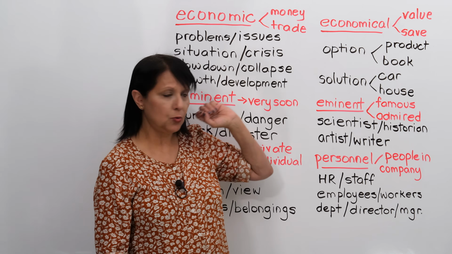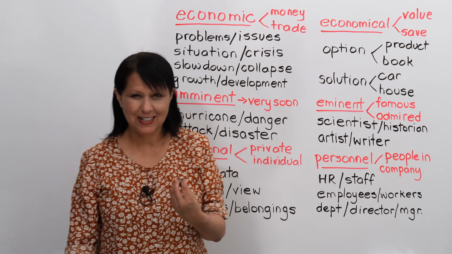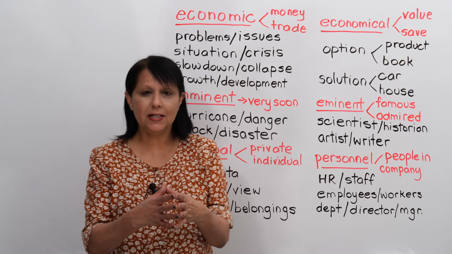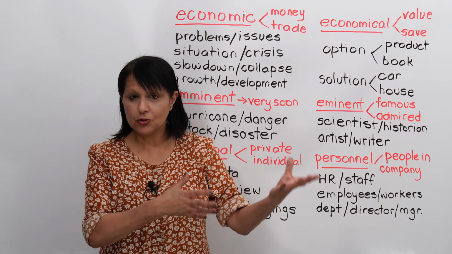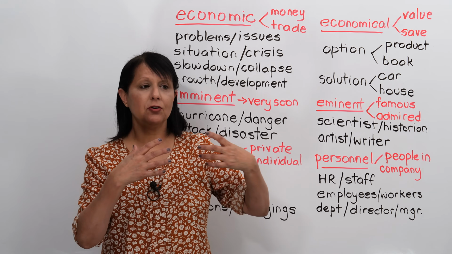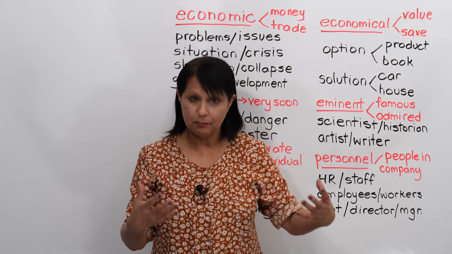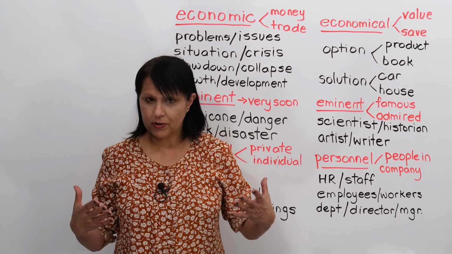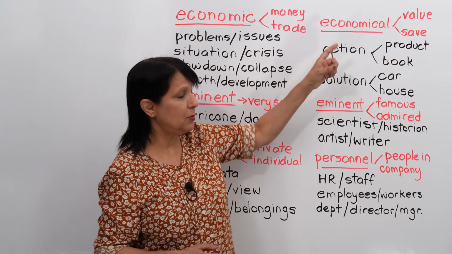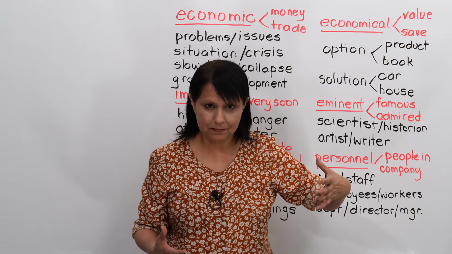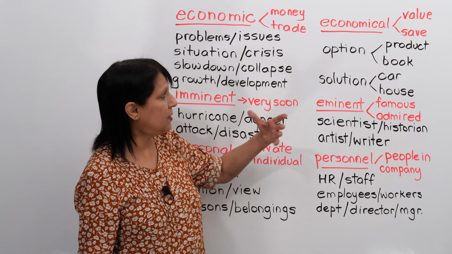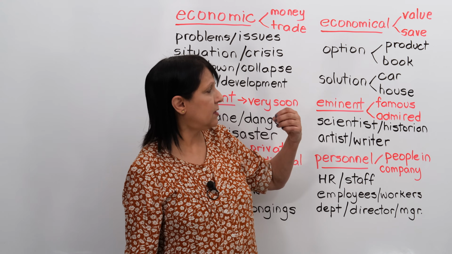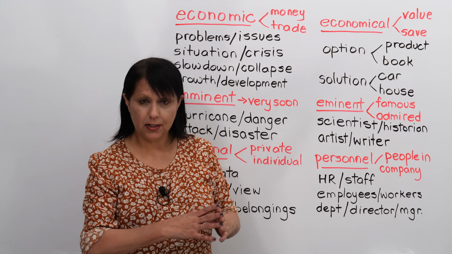Now let's look at the other one, economical. So economical means that it's cheaper to buy that one. You get better value for your money. You can save money, time, resources. When you can do that, we use the word economical. All right? So for example, it's an economical option, okay?